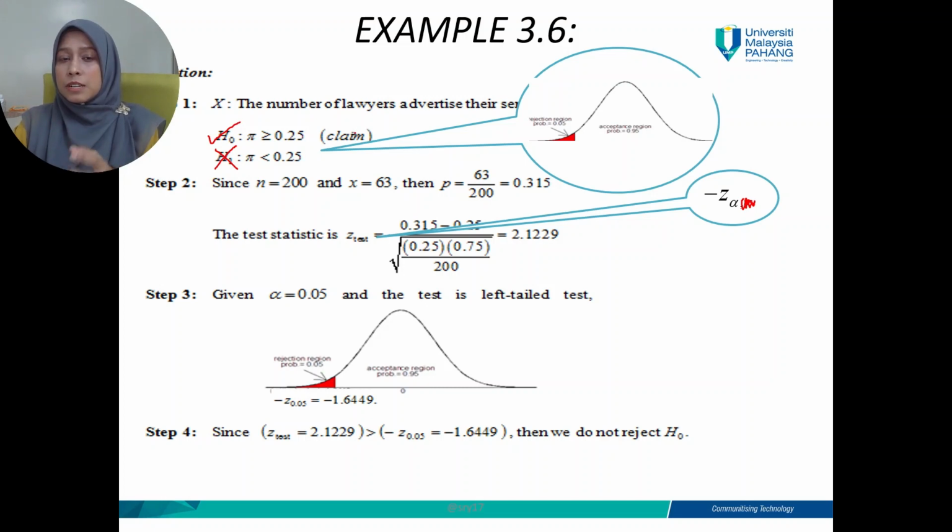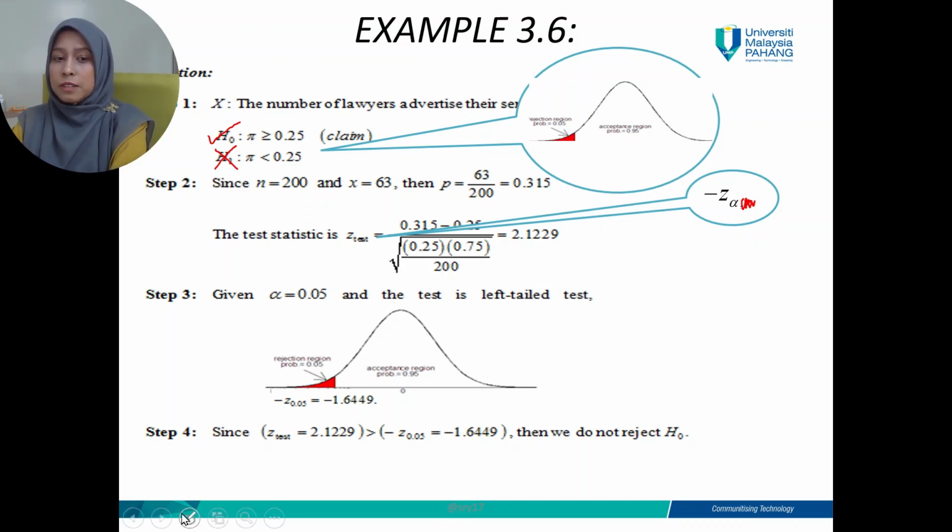So since your claim is at H null and we don't reject H null, or in other words, we support H null, that means consequently your claim is also being supported. Get it? So since the claim is at H null, that means the claim is being supported.